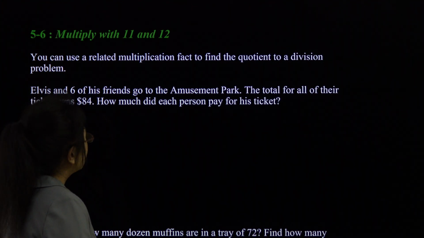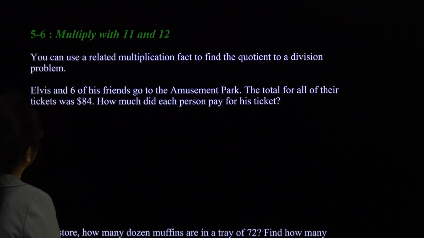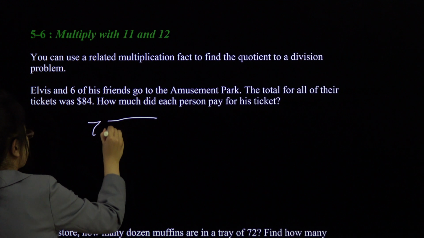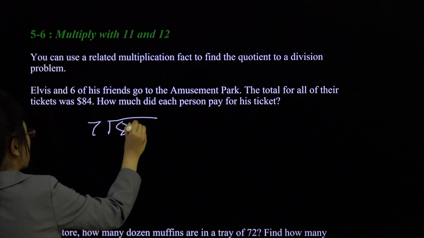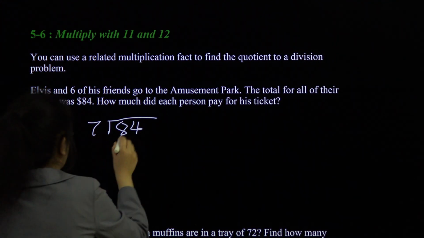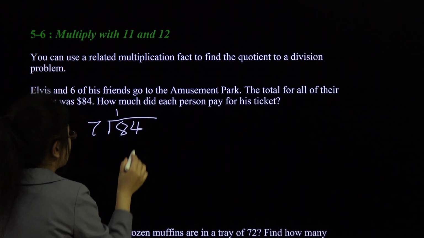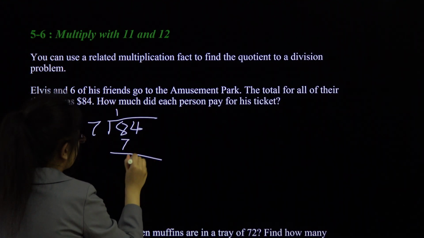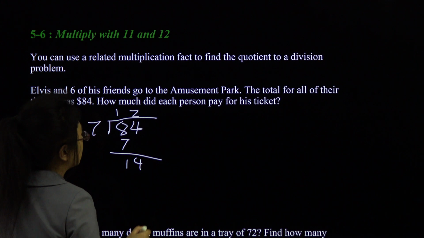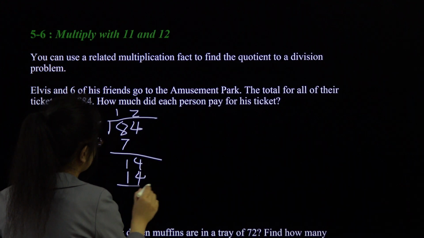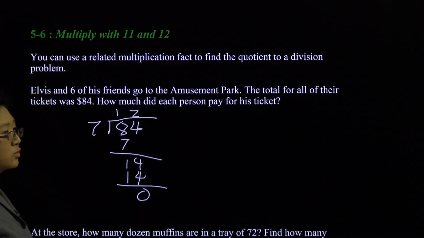How much did each person pay for his ticket? So that's 7 people. We could do a vertical division or a long division, and we get 8 divided by 7 equals 1, and then $12.